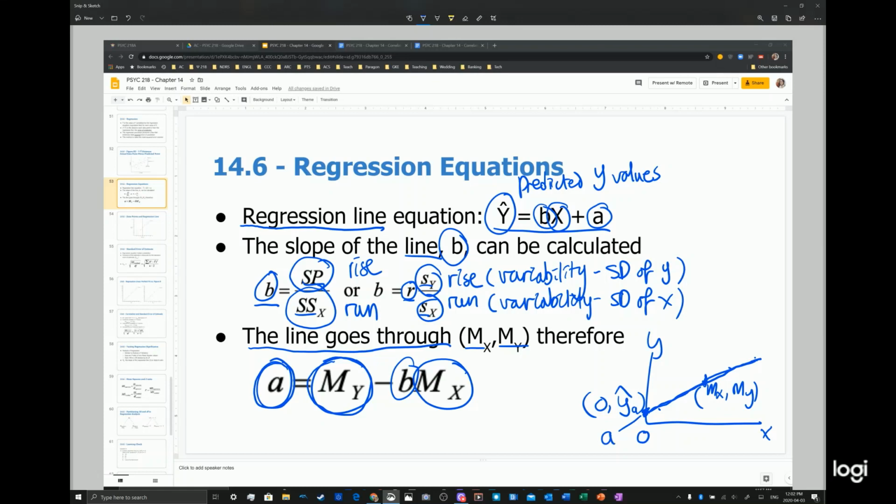And so with algebra, we can find the y-intercept using the linear equation and plug in some x and y values. Here we know for sure that the regression line always goes through the mean of x and the mean of y. So we plug in the mean of x for your x here, and we plug in the mean of y as your y hat.